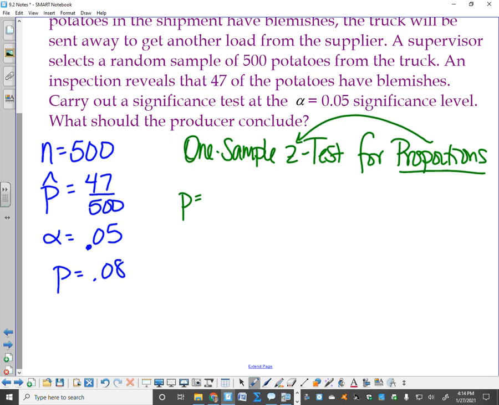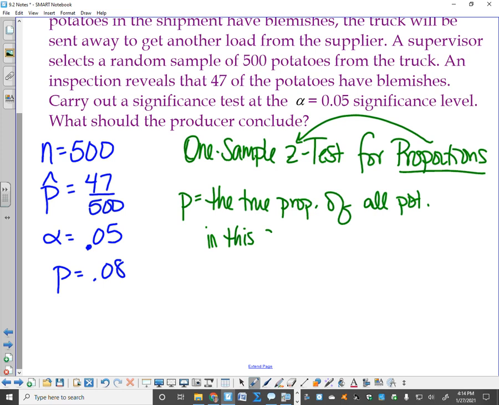So the p is for proportions. If this was means, my parameter would be a mu. The true proportion of all potatoes in this shipment with blemishes.